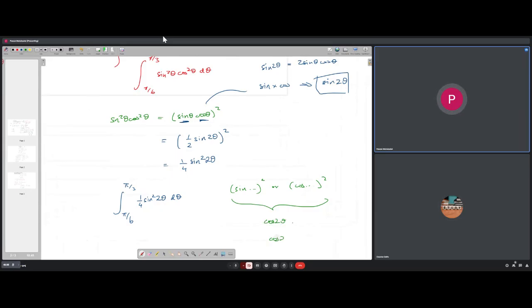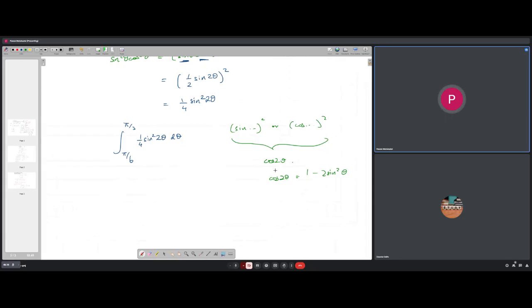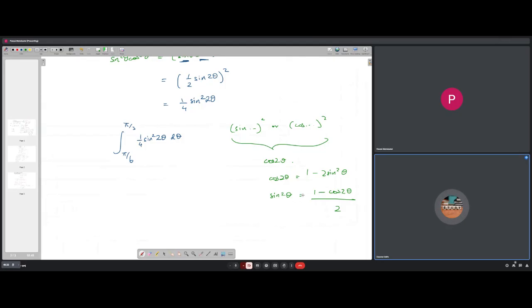Because you know that cosine 2 theta, in this case, is 1 minus 2 sine squared theta. So then notice you can write sine squared theta as 1 minus cosine 2 theta all over 2. Do you understand that? If I asked you straight up, can you integrate sine squared theta?